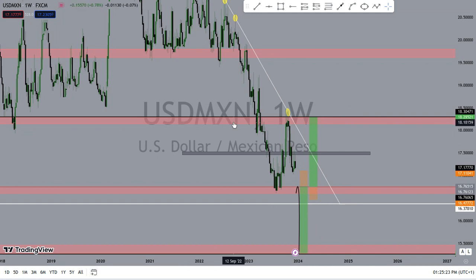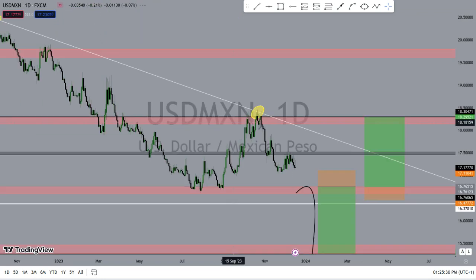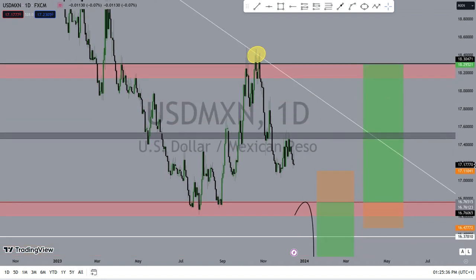Looking at US dollar against Mexican pesos, analyzing the forex market in the higher time frame gives you more edge in understanding the real flow of the market.